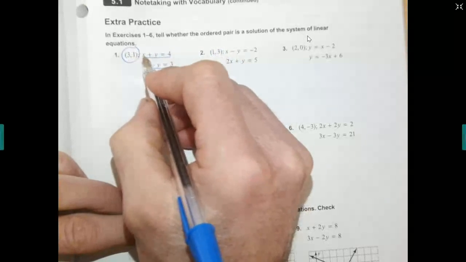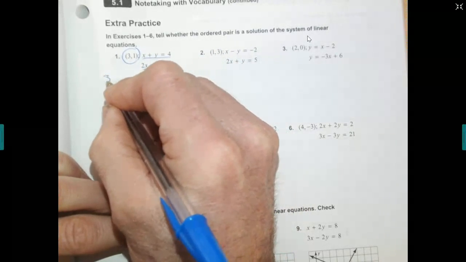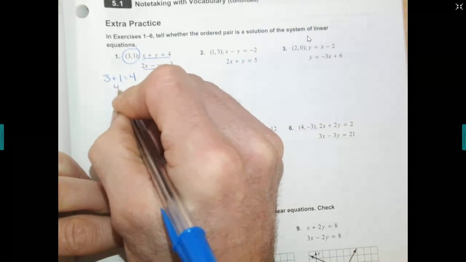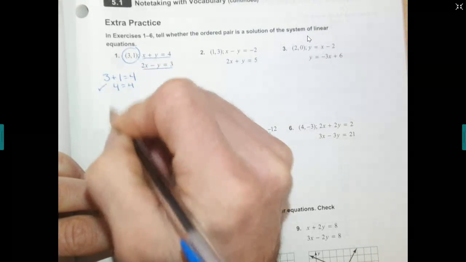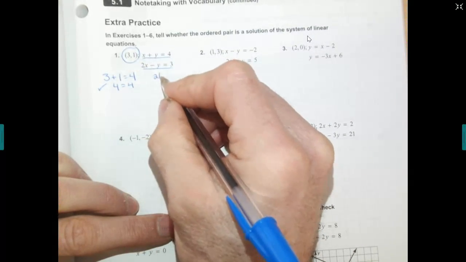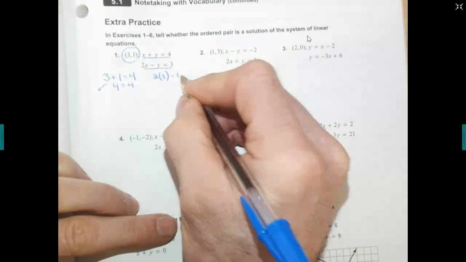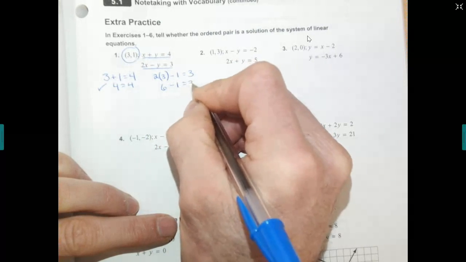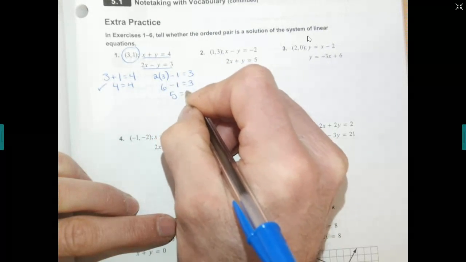So 3 is my x value, so I have 3 plus 1 equals 4. 4 equals 4. Check. Now I plug these into here. 2 times 3 minus 1 equals 3. 6 minus 1 equals 3. 5 equals 3.